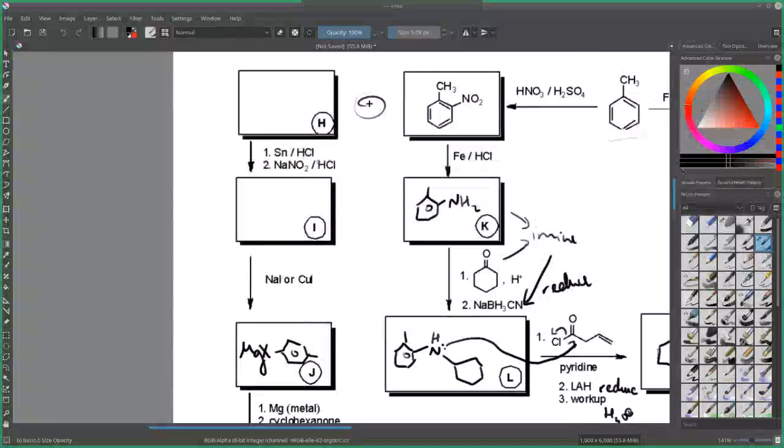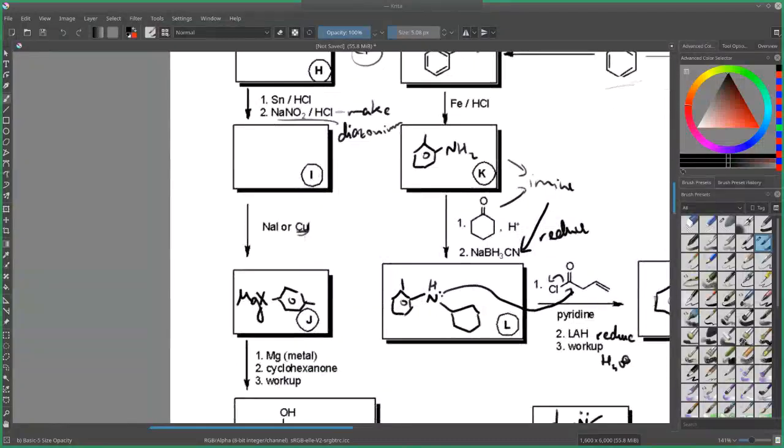So, over here, we have sodium nitrite and HCl. So you might notice that this is making an arene diazonium. Okay? And once we have a diazonium, we're adding copper iodide. So that makes the diazonium into an iodide. Okay.